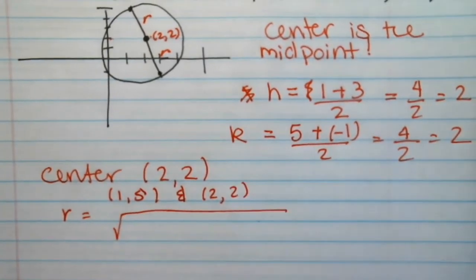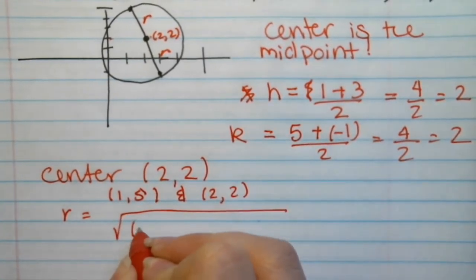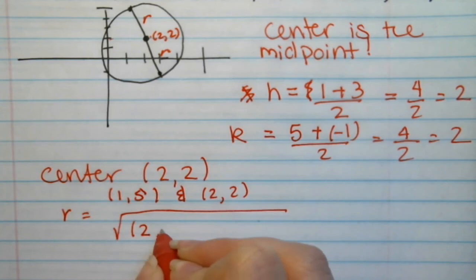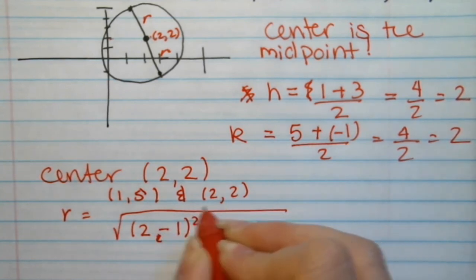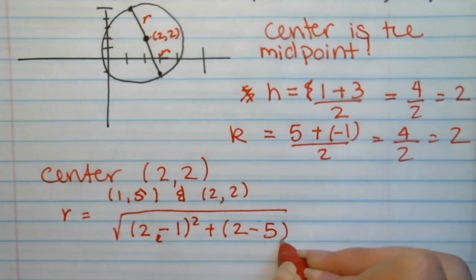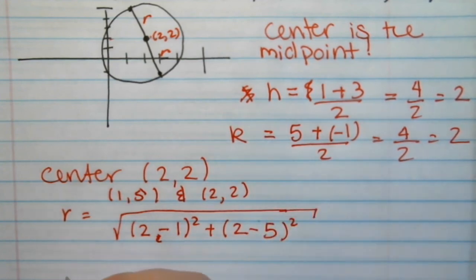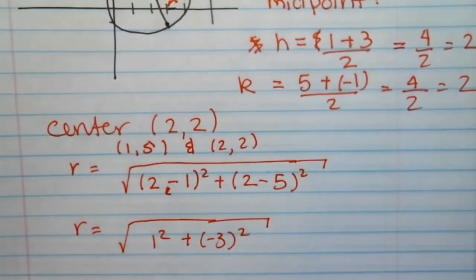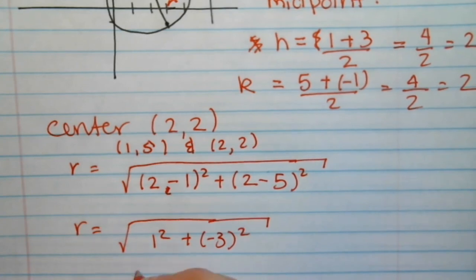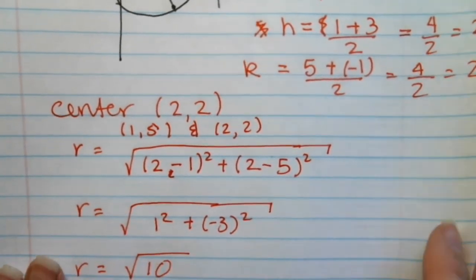So we have x2 minus x1 squared plus y2 minus y1 squared. So this is 1 squared plus negative 3 squared, or square root of 1 plus 9, root 10.